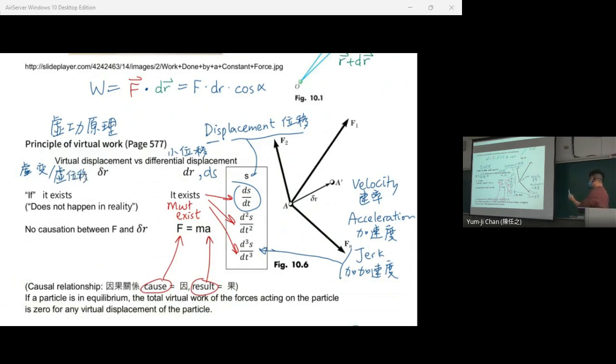It is also a small thing. It is also a small displacement. But there are two differences between virtual displacement and differential displacement.